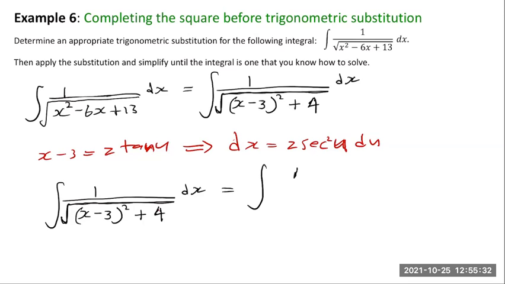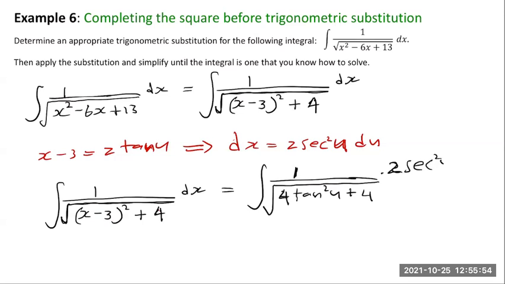integration 1 over, x minus 3 is 2 tan u. That means if you put 2 tan u here, you get 4 tan squared u plus 4. Don't forget the square root. Times dx is 2 secant squared u du. You can simplify this further. This becomes integration.